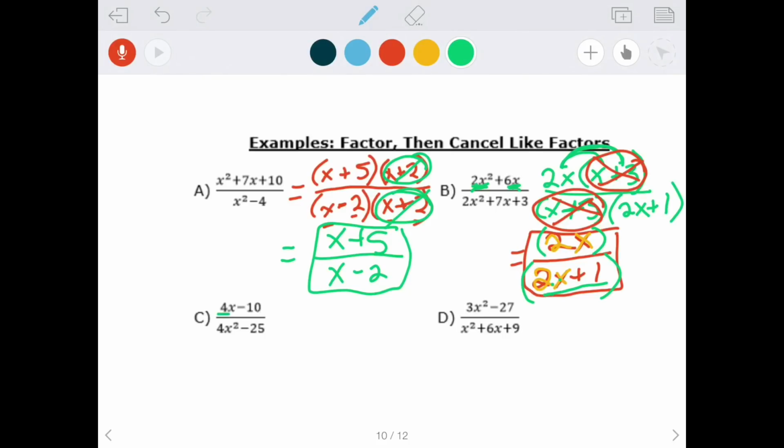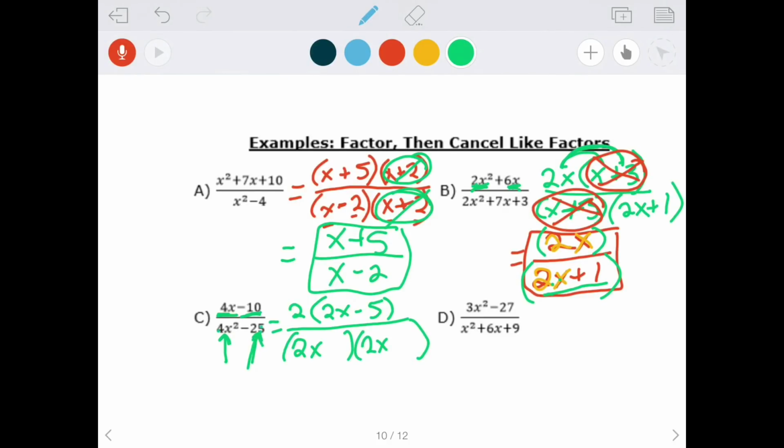Next we have example C. I can only factor out my greatest common factor of my two terms in the numerator, which is 2. So I'm going to take a 2 out. So 4x divided by 2 is 2x, and then negative 10 divided by 2 is a negative 5. Again, we have some perfect squares on the bottom. So I can take the square root of 4x squared, which gives me 2x for both of my first terms.